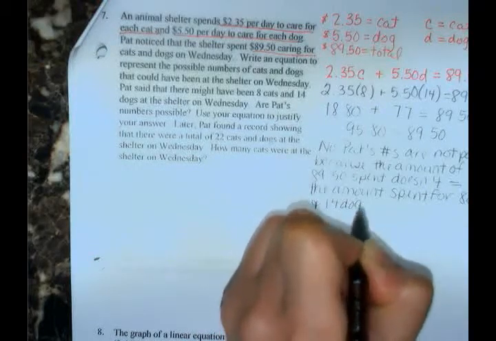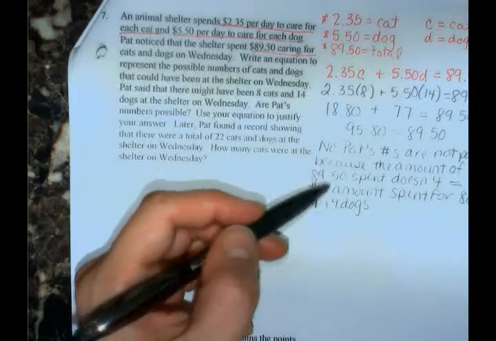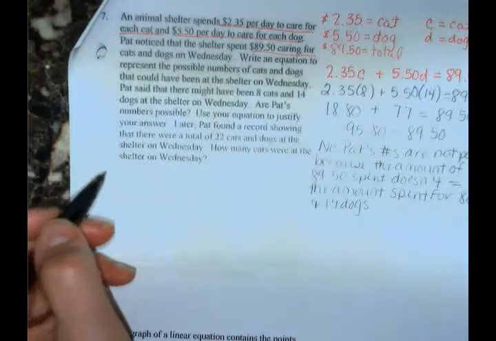Now, anytime throughout this problem here, I know it's a long one, you could pause it and figure out some things on your own and check to see if you have the same thing that I have.